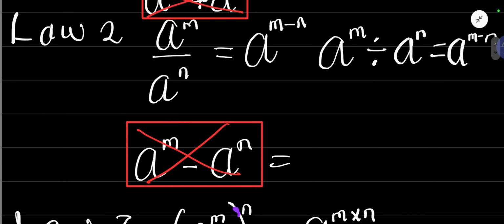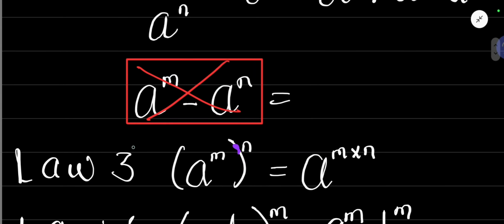When we divide the powers of the same base, you just take one base to represent those two bases that you are dividing, which are the same, and then you subtract the exponents. Please be very careful when you subtract the exponents. You take the exponent of the numerator and subtract the exponent of the denominator.